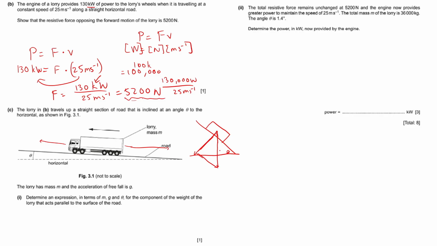So it turns out that this force here is mg, and then we're looking for it parallel to the surface of the road. So since this is perpendicular and this is also perpendicular, we can see that we're looking for this component right here. As a result, since we know that this is angle theta, we can say that the parallel is just going to be mg sine theta.